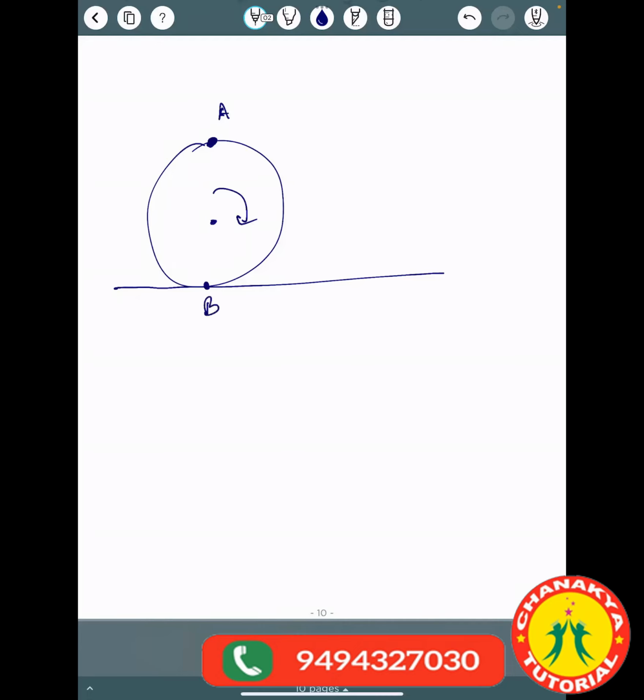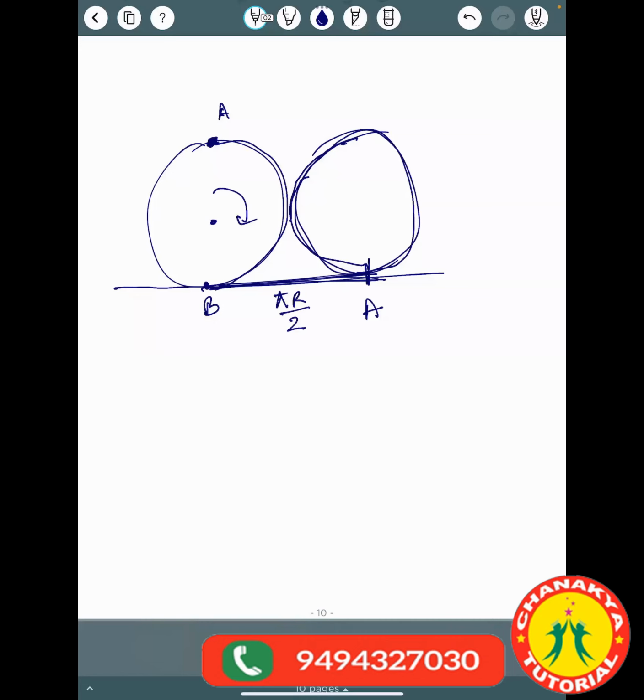B has to go up, right? A will come down, correct? If you draw it again, when it completes half rotation, A will reach here, correct? And horizontally, how much distance has it traveled? This length, right? Pi r by 2.